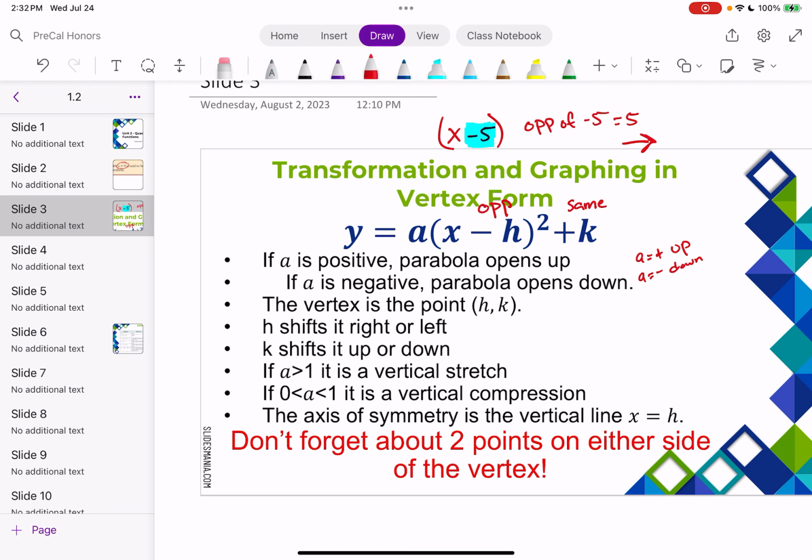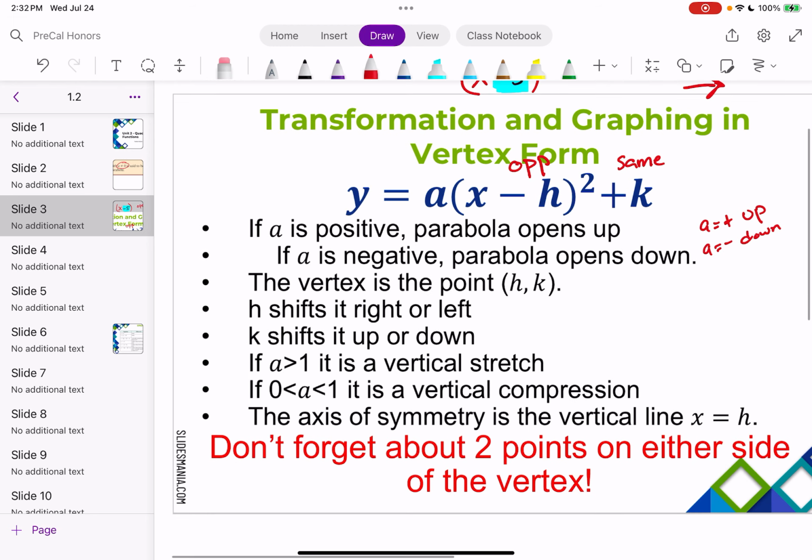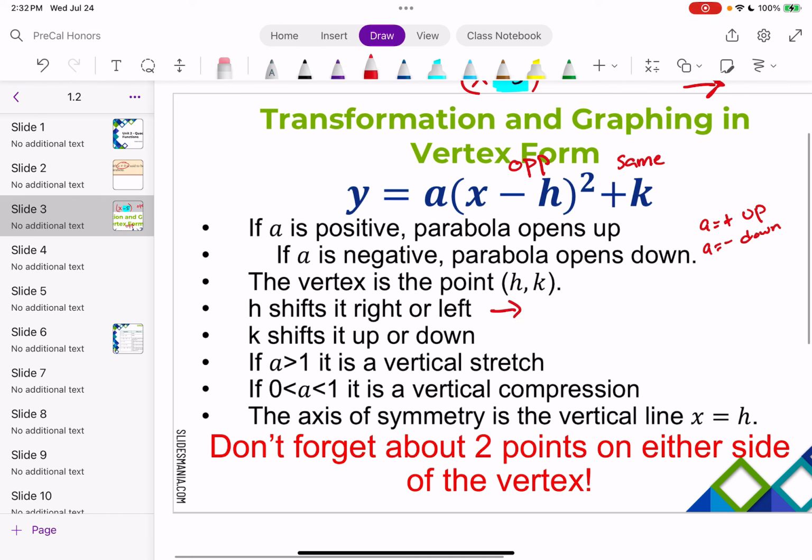So h would shift left and right based on the number in the equation. If the equation shows a negative number, meaning x minus 3, we would go positive 3. If it said x plus 5, we would then go negative 5, and we would move left 5 times.